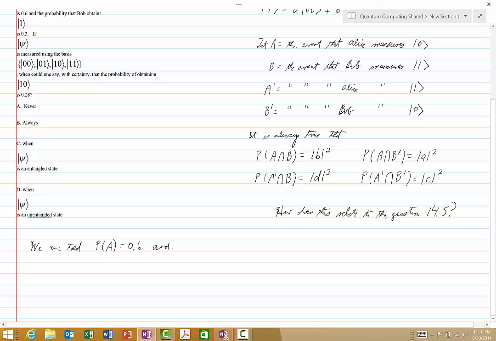And we're also told that the probability that Bob obtains 1 is 0.3, and that's the event we've called B. So P of B equals 0.3.